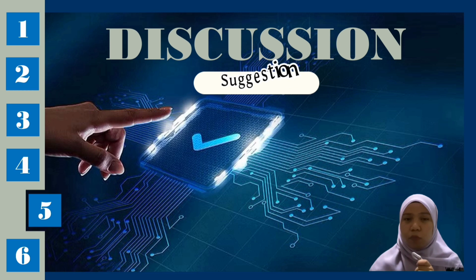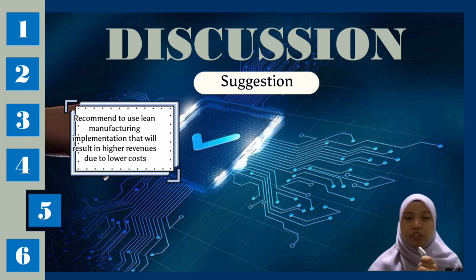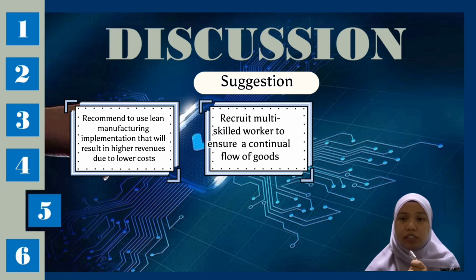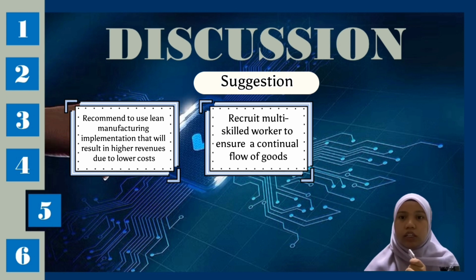For suggestion, we will recommend Trouble Manufacturing Malaysia to use lean manufacturing implementation. By recruiting multi-skilled personnel or workers, it is to ensure a continual flow of goods, since multi-skilled workers can be shifted from position to position.